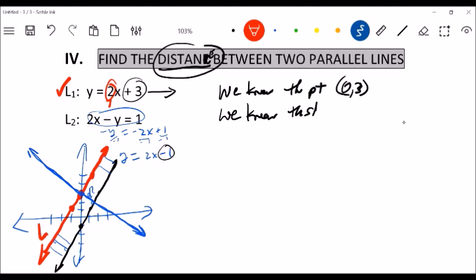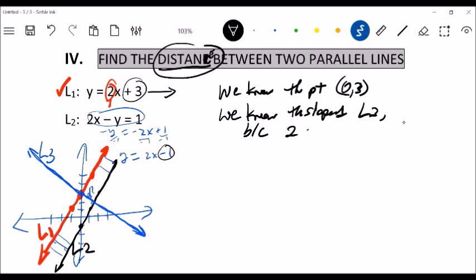So this one's L1, this one's L2, and this one will be L3. So we know the slope of L3 because it's perpendicular to the others, and they both have the slope of 2. So 2 becomes a -1/2. So we know those two things.